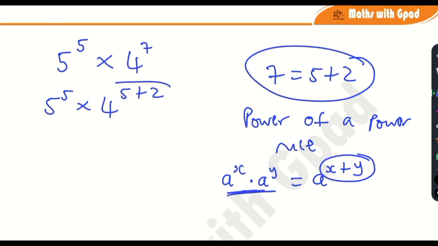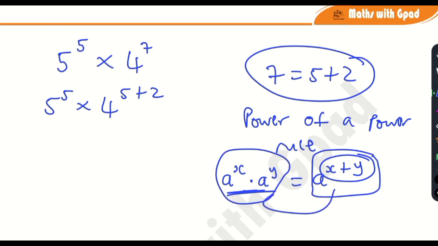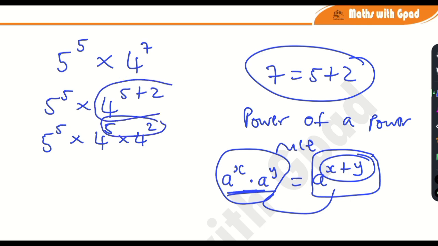So I am taking it from this form to this form. I'm going to write this as 5 raised to the power 5 times 4 raised to the power of 5 times 4 raised to the power of 2. Notice they have the same base. If you want to use indices, you just add the exponent, and that will give you back 4 raised to the power of 5 plus 2.